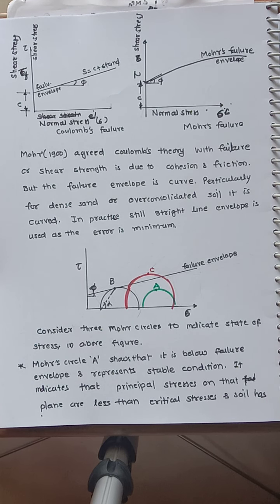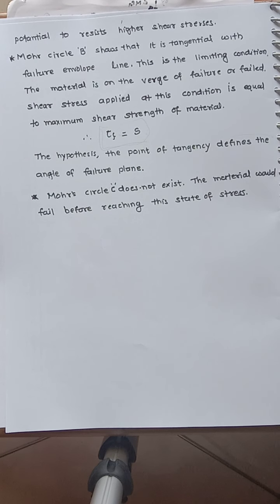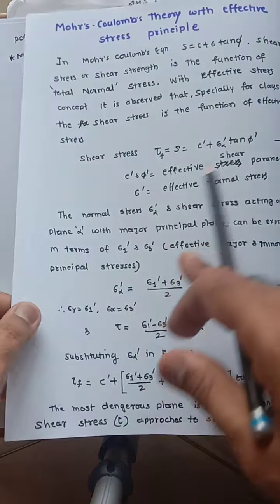So therefore we can write tau f is equal to S. Maximum shear stress at failure is equal to the shear strength of the soil. The point of tangency defines the failure plane. It's correct. Okay. This is what we explained in the earlier condition.